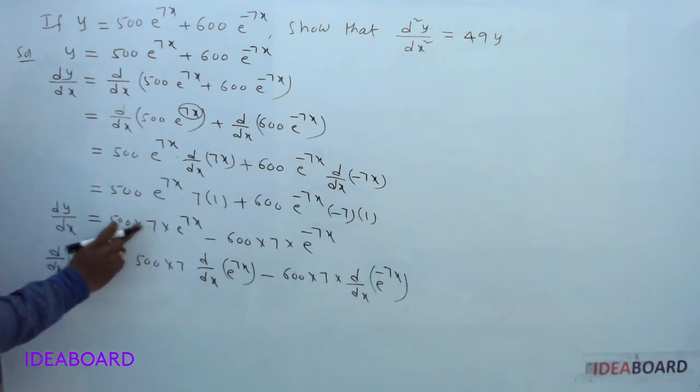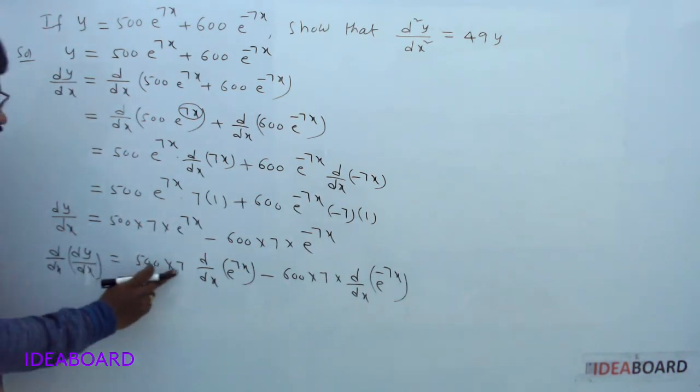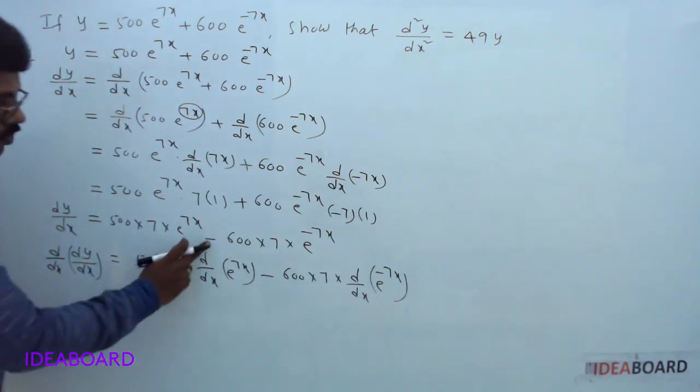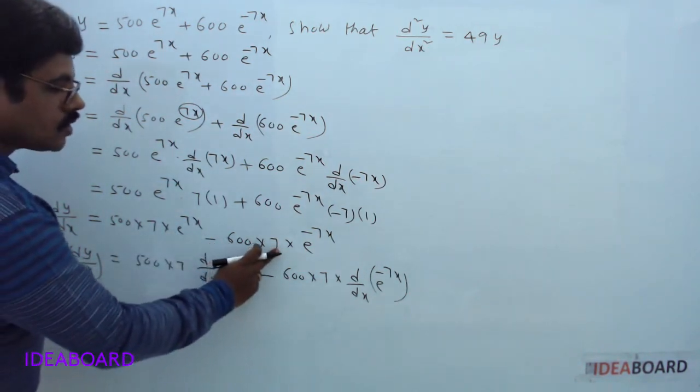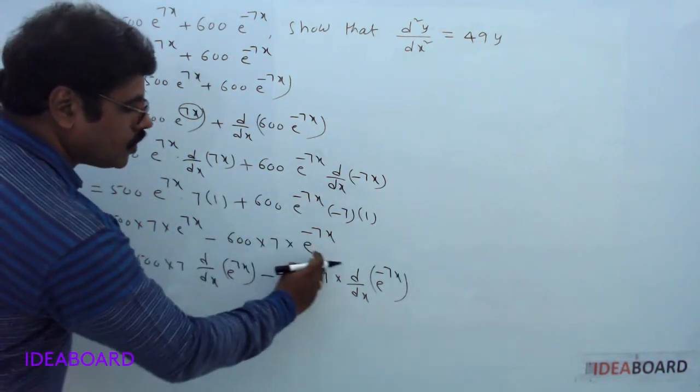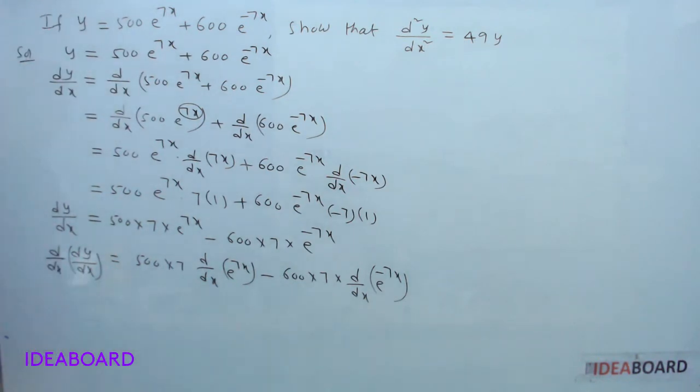Here 500 into 7 is the constant term, so 500 into 7 into derivative of e^(7x) minus 600 into 7, which is the constant term, into derivative of e^(−7x).